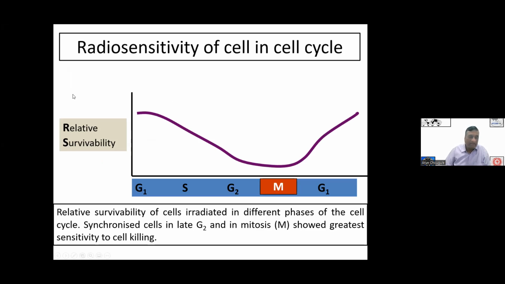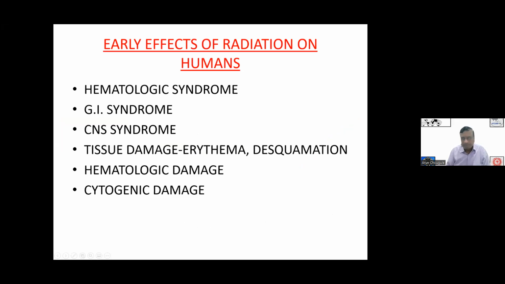Again, looking at relative survivability, G1 is the most resistant, and therefore relative survival will be maximum. S phase is in between, and M is the most sensitive. So with the same radiation, the relative survival will be minimum in the M phase. Cell killing will be much higher in M phase. So we have to take this into account.